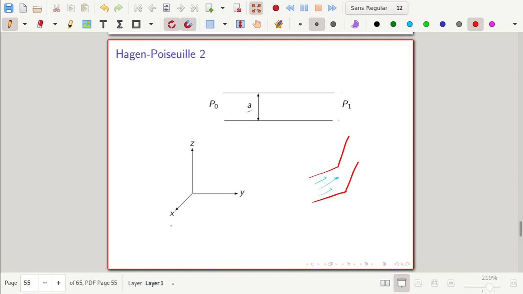We have the coordinates x, y, and z, and the directions i, j, and k. So we have velocity components u, v, and w of the fluid velocity vector.